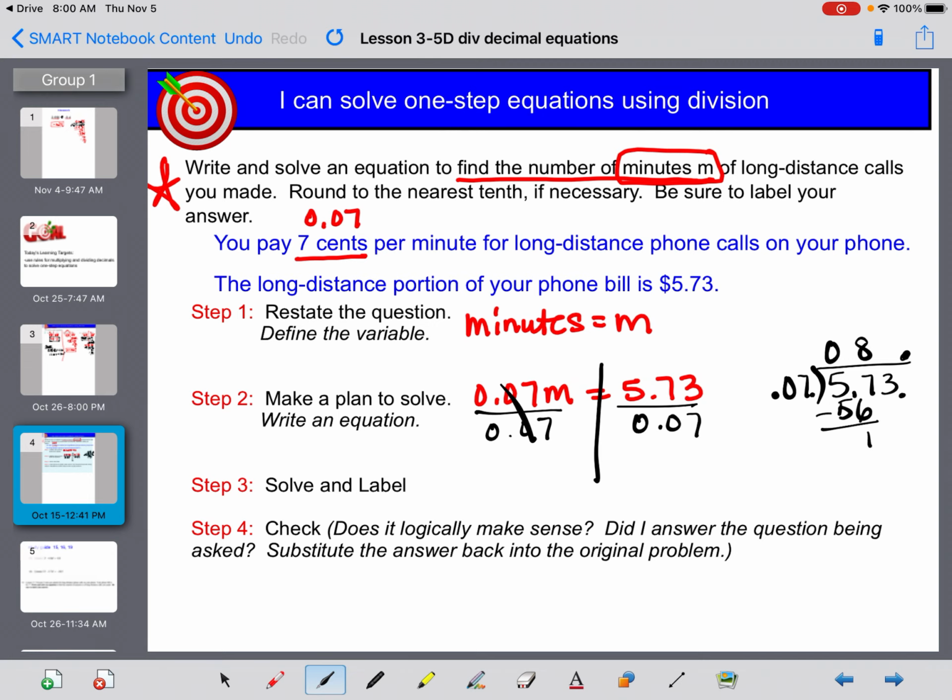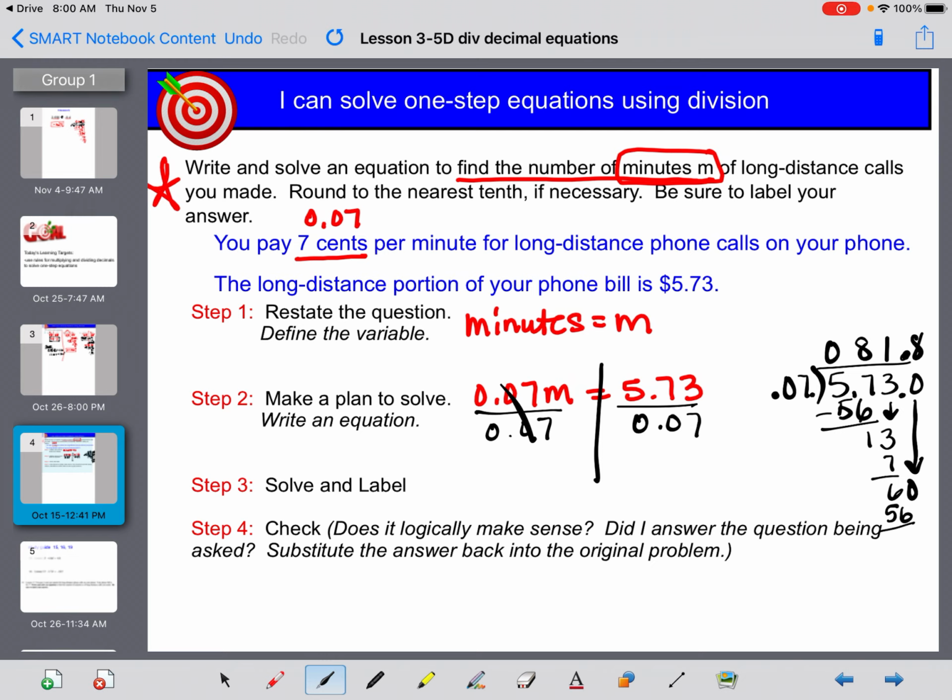Then I subtract. Now I'm going to bring down the 3. 7 goes into 13, 1 time. Now I'm out of numbers, so I add a 0 at the end of my number. 7 goes into 60, 8 times.